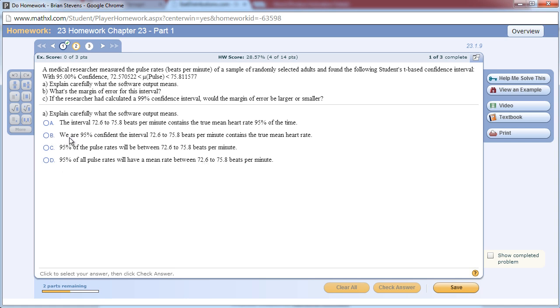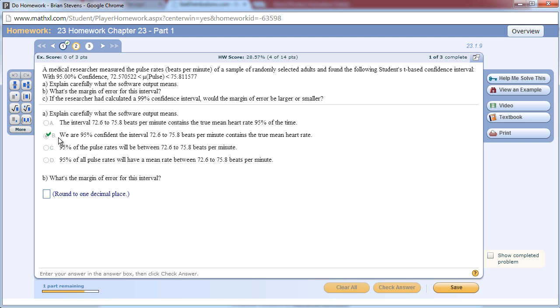Every time in Stat 12 we start out: I am blank % confident that... I am 95% confident that the true mean heart rate of individuals is contained in the interval 72.6 to 75.8 beats per minute. And the ordering they've put it in is just as fine.